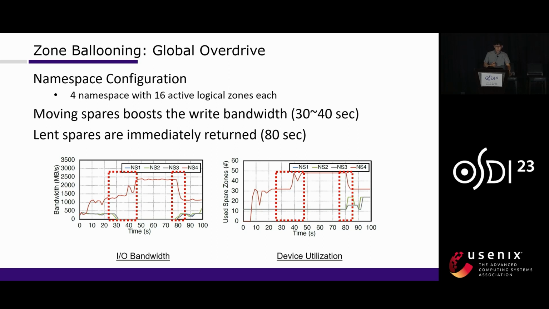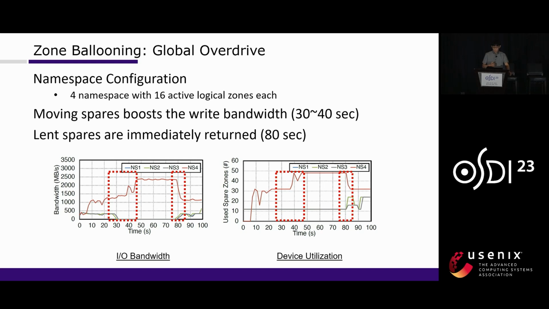Firstly, we run a simple write microbenchmark to evaluate the global overdrive. We divide physical active zones into 4 namespaces. Each namespace has 16 logical active zones, and we equally distribute essentials and spares at initialization time. In the figure, 4 workers on each namespace write data concurrently.